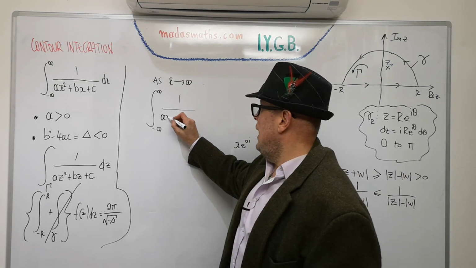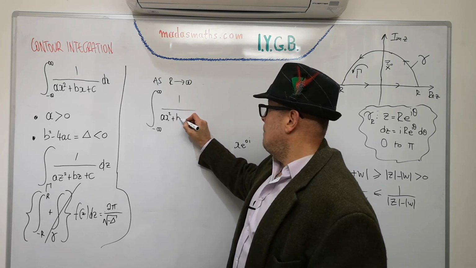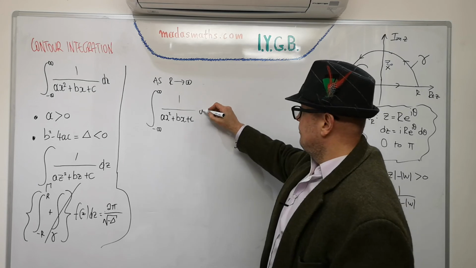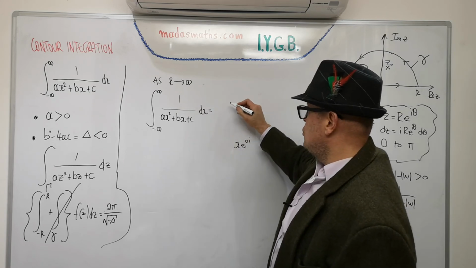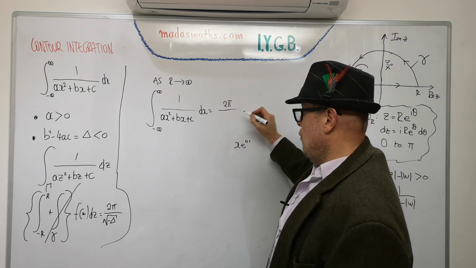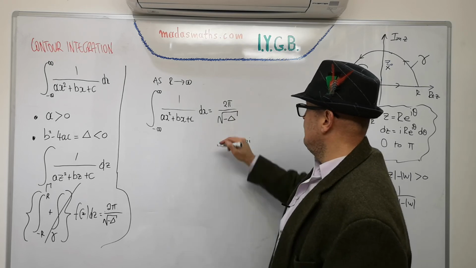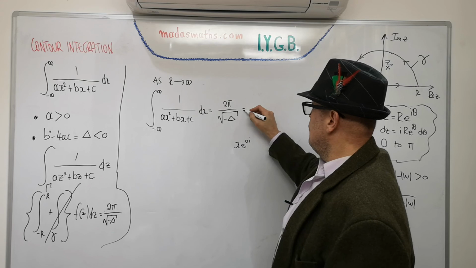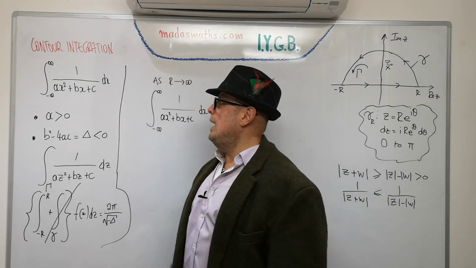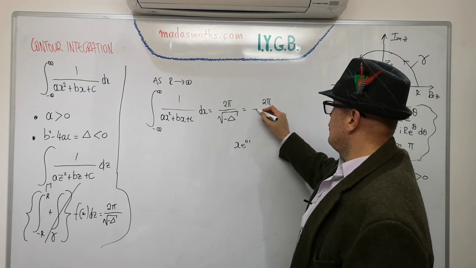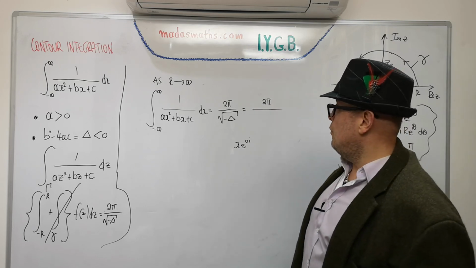So the integral from minus infinity to infinity of 1 over ax squared plus bx plus c dx is equal to 2 pi over the square root of the negative of the discriminant. And of course we wanted to put it back into a's, b's and c's, so that's going to be 2 pi over the square root of 4ac minus b squared, since the discriminant is b squared minus 4ac.